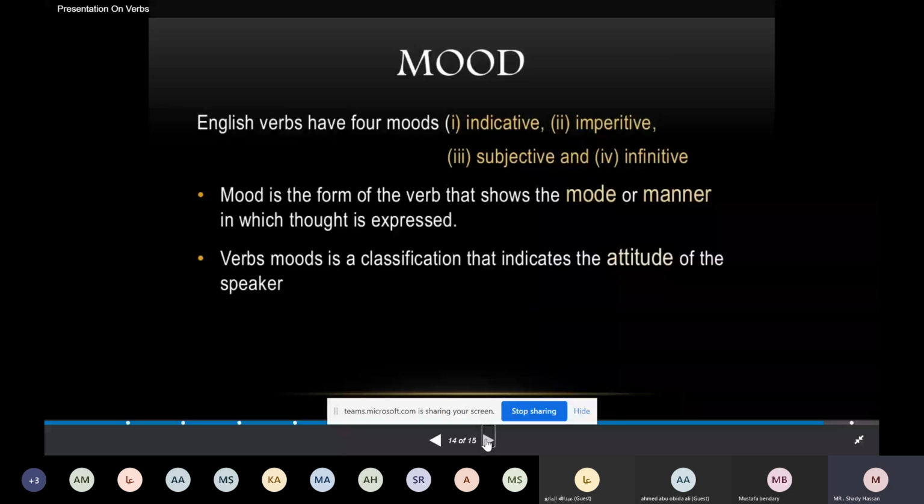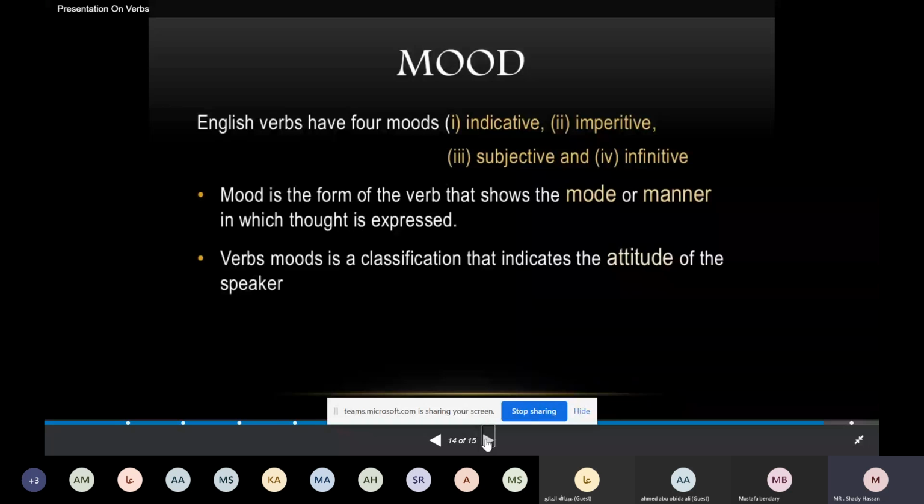Imperative, when I'm saying open the door, for example, so this is an imperative sentence. It's a command, so it's imperative. The indicative sentence is actually a statement, could be a question, denial, or assertion sentence. This is for the indicative.